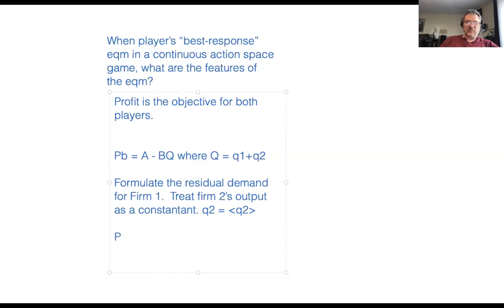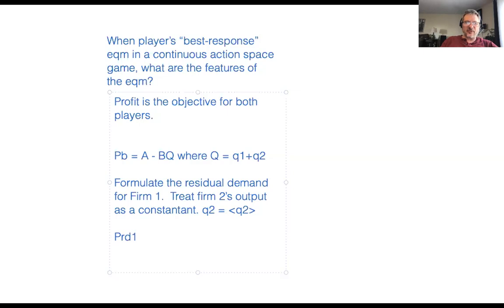So we don't have a really good, again, symbol for residual demand. So hopefully you guys can remember this. If I put PR, that'll look like price, so I'll put PRD for residual demand.